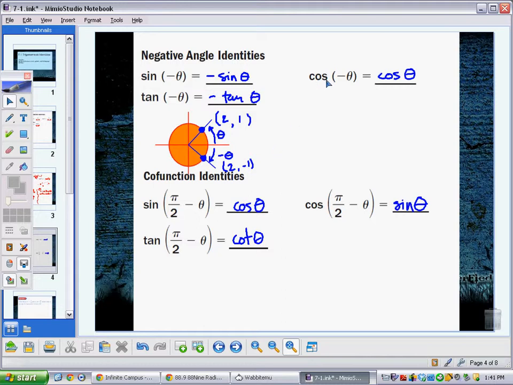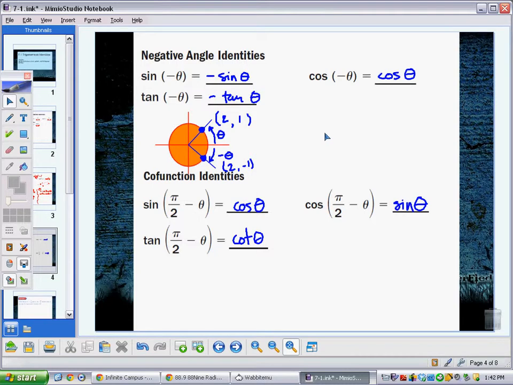Similarly, for cosine, being related to the x value of an angle, we have the negative angle taking us down into the fourth quadrant, for example, an x value of 2, the positive angle taking us to the first quadrant, giving me, again, a corresponding x value of, say, +2. So the cosine of a negative angle is equal to the cosine of the positive angle, just like 2 is equal to 2. No difference in sign there.